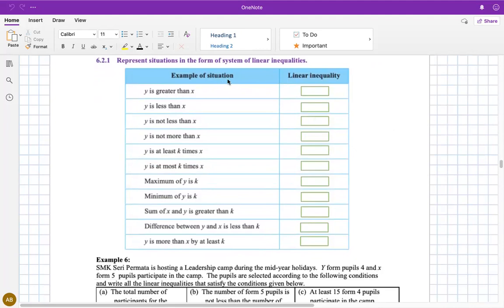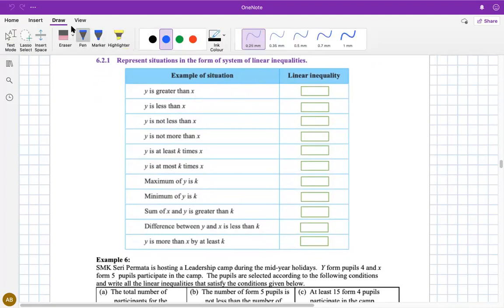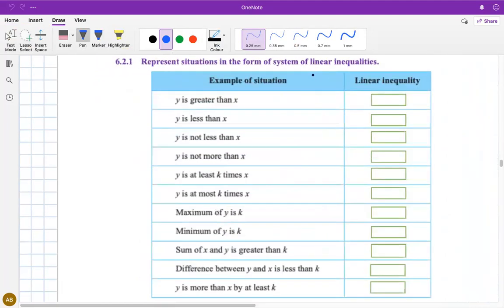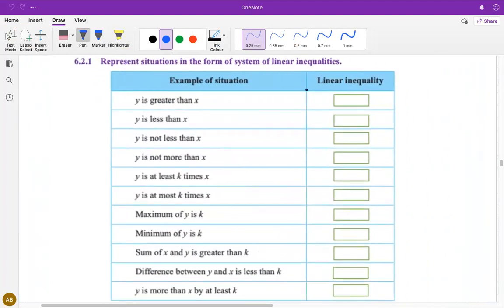If the example of a situation is, y is greater than x, we will write y > x.